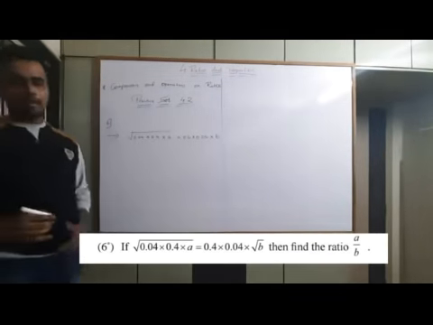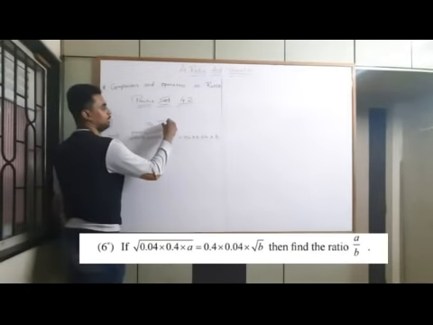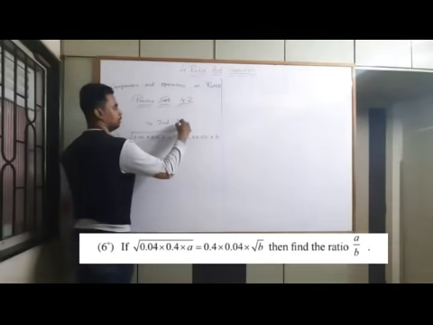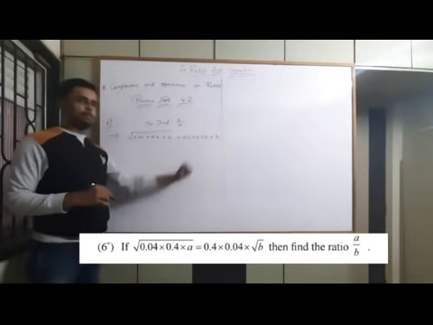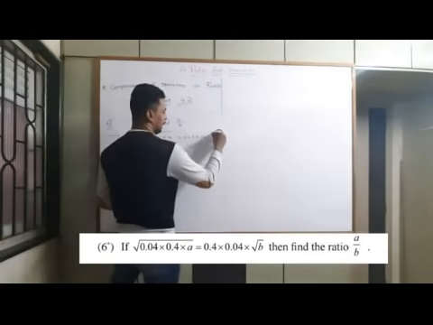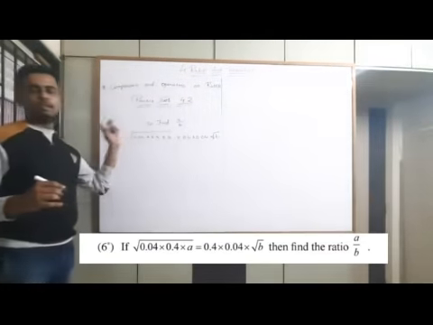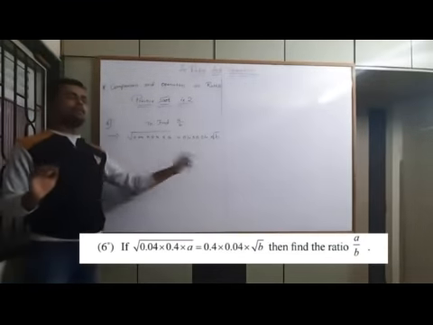This is what I am given. And what am I supposed to find? To find a upon b. Let us see what we can do. I have root and I have root over here. So if both the places have root, the first thing that I do is squaring both the sides.